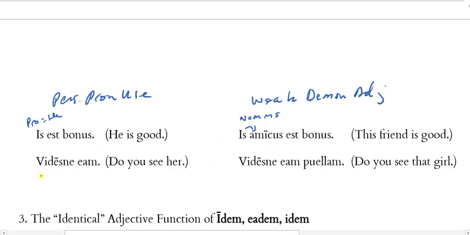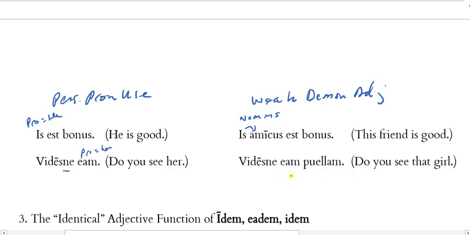And then in our example here, videsne eam, do you see her? Remember, ne introduces a question. Vides, you see, question, do you see? And then I have eam. So here's my pronoun, and it's feminine singular accusative. Do you see her? And now in this corresponding sentence, videsne eam puellam.